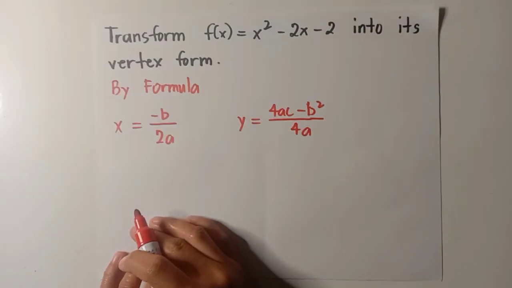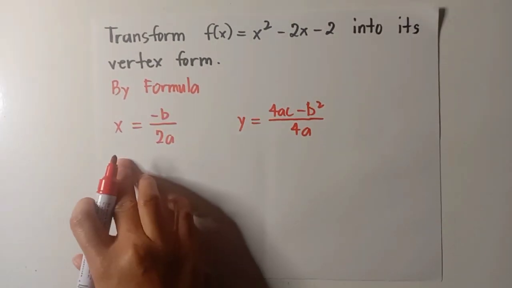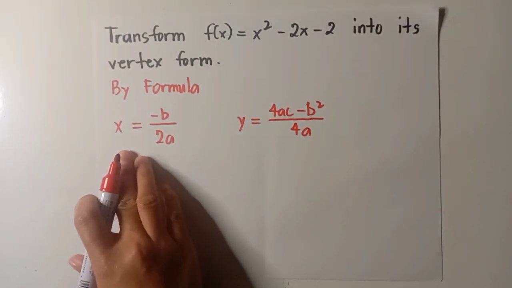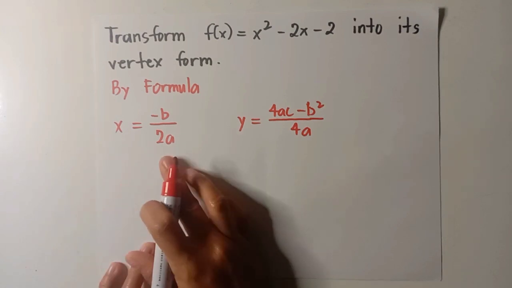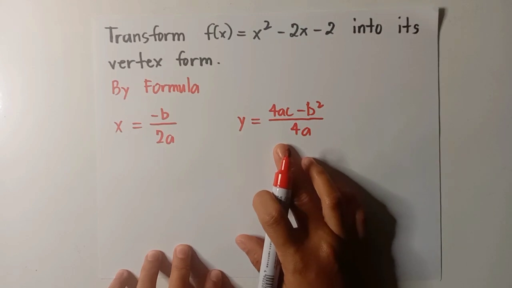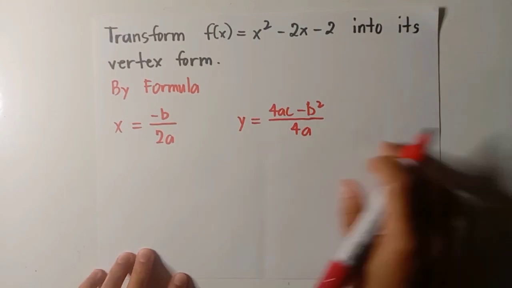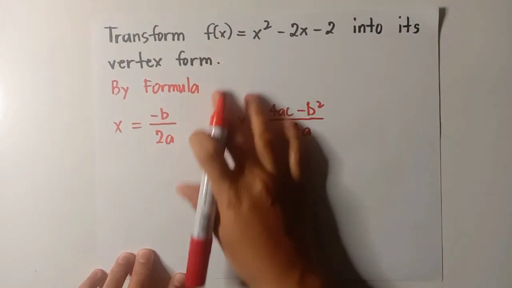Another method in transforming a quadratic function into its vertex form is by formula. In order to get the value of our x, we will just use this formula, negative b over 2a, and for y, 4ac minus b squared over 4a. Now, let us try to solve this one.